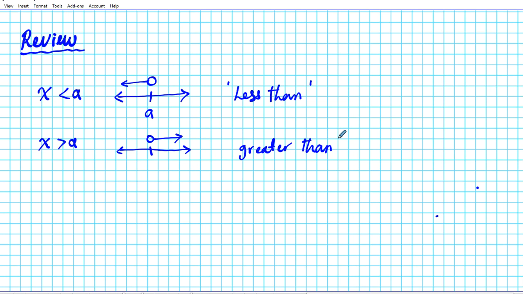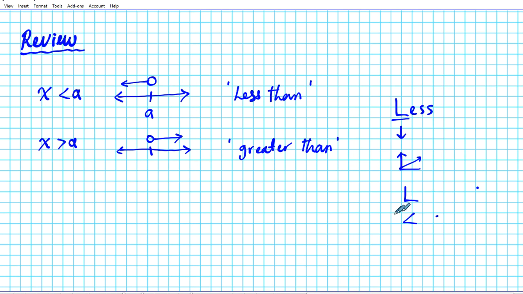So what's an easy way to distinguish between less than or greater than? Let's look at the word less than. If you look at the first letter, let's extract that L. Now, if you take the L and rotate it a little bit, this vertical part, what do you have right there? You have the less than inequality symbol. So basically, the L in less than and the inequality symbol point in the same direction.